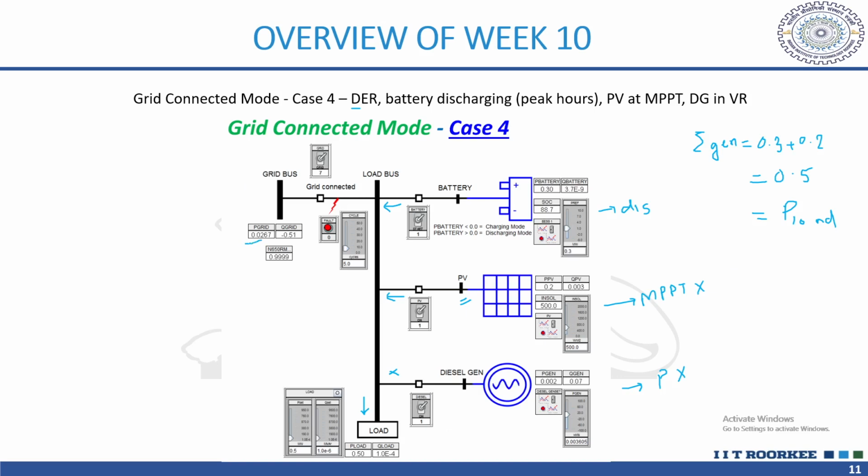So this P grid is near about 0. But here also you can see, although the P support is 0, the Q is non-zero.